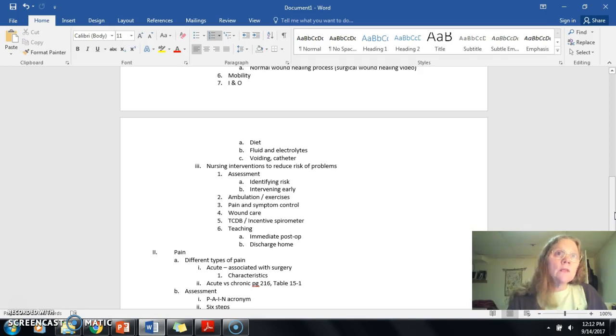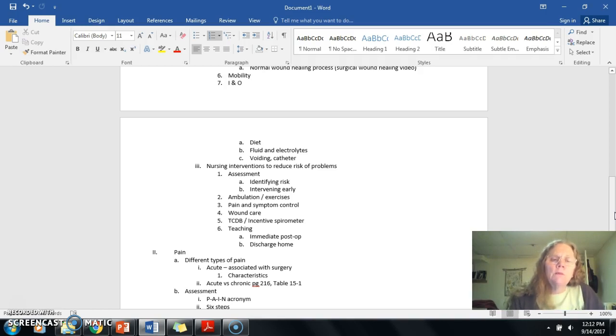So what are the risks, and how do we intervene early so as to prevent harm to the patient? Ambulation and ways to promote activity are important. Pain and symptom control, what's important about that. Wound care is also very important.